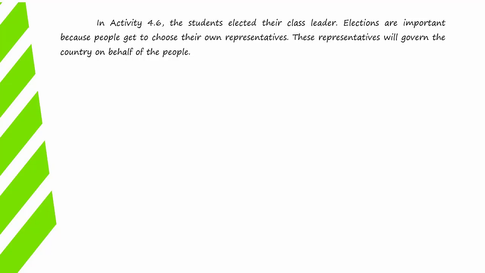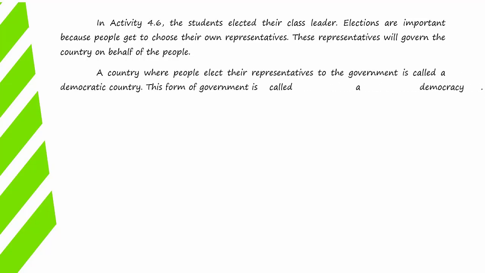These representatives will govern the country, on our behalf. Our MLA or our MP will govern us. These representatives govern the country on behalf of people. So a country where people elect their representatives is called a democratic country, and this form of government is called democracy.